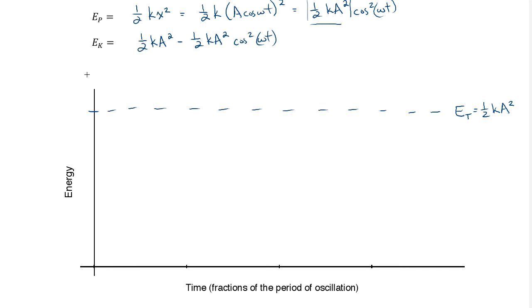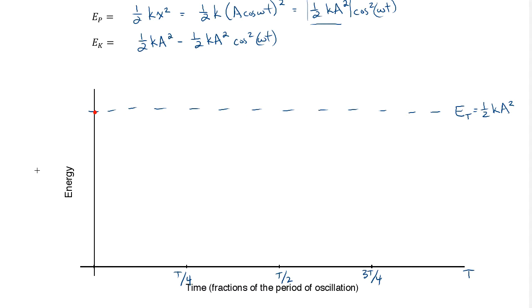If we have started from an extreme of motion, then our potential energy, which I'm going to draw in red, starts at a maximum. Now this time is going to be fractions of a period of oscillation. So this is the full period, this is 3/4 of the period, half a period, and 1/4 of the period of the actual thing oscillating backwards and forwards. Here it's ended up back where it started.